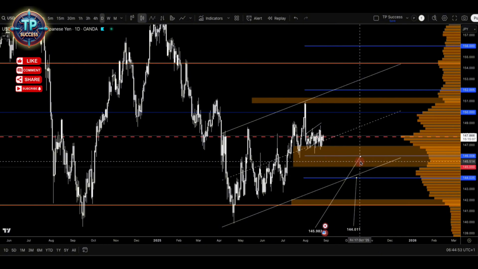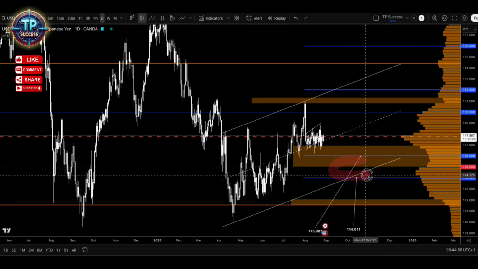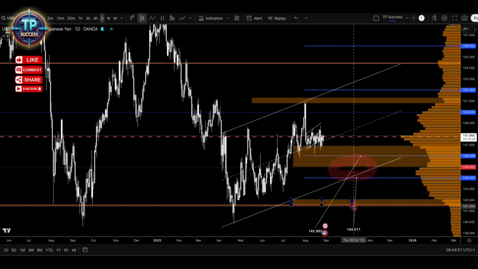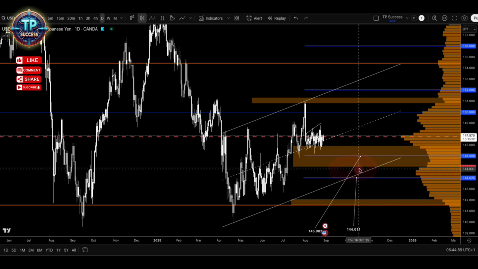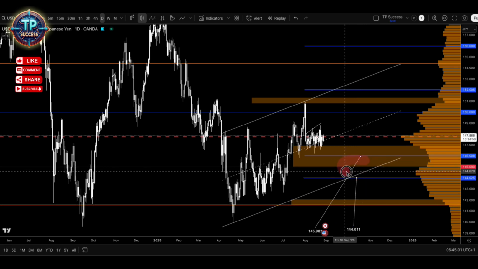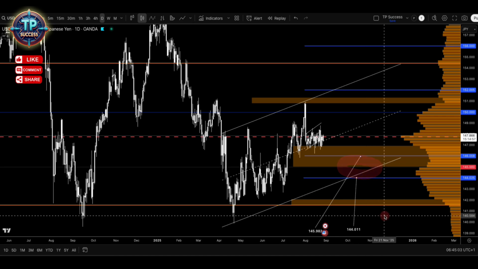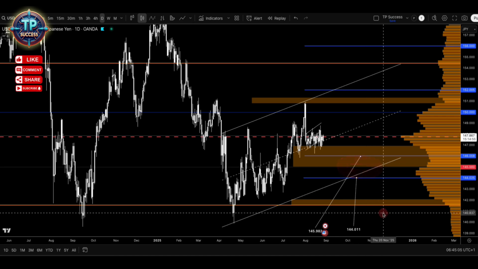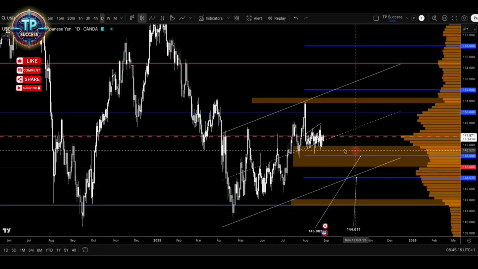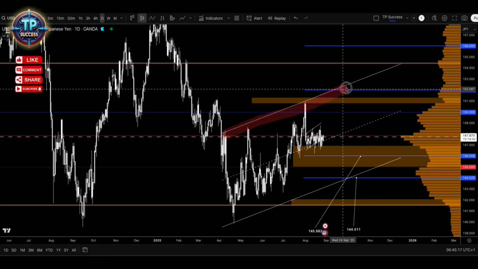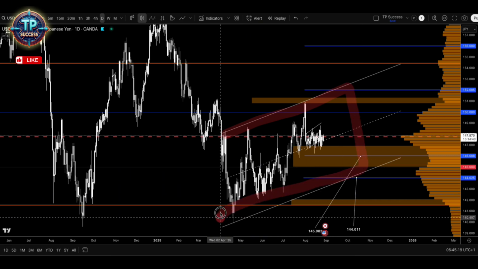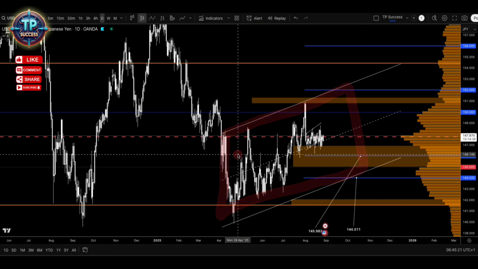And if it does, it fulfills the idea of grabbing buys between that zone I've just drawn, and the zone in question is 145.982 and 144.011. That is if the structure that I have just put in holds, right?